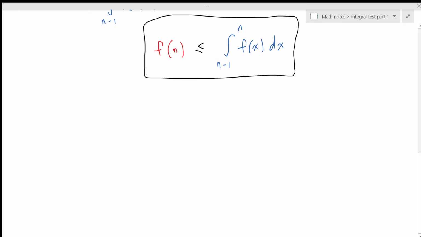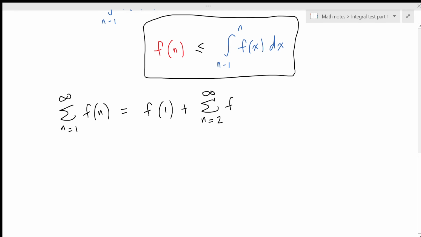We'll start by writing out our series, sum from n equals 1 to infinity of f of n. We'll separate out the first term to get f of 1 plus the sum from n equals 2 to infinity of f of n.